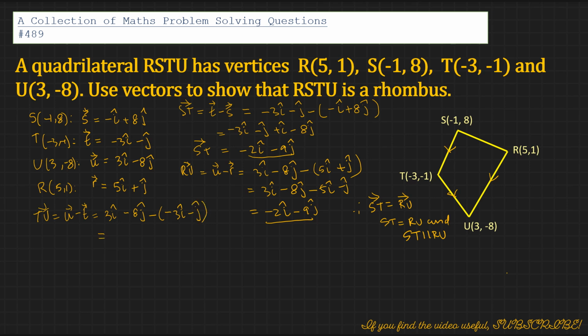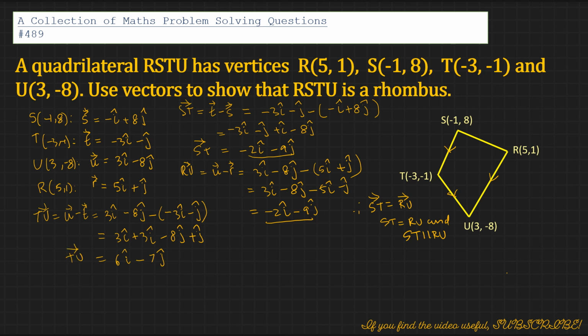That equals 3i plus 3i, minus 8j plus j, which equals 6i minus 7j. Okay, so that's TU.